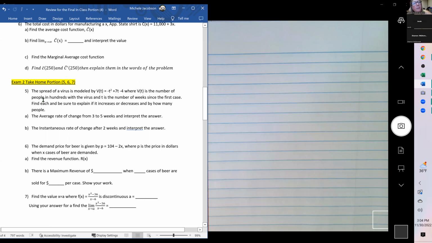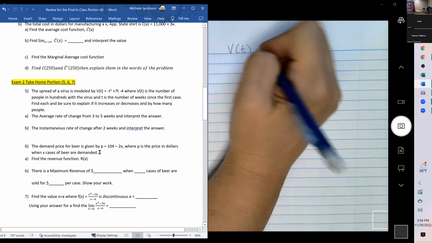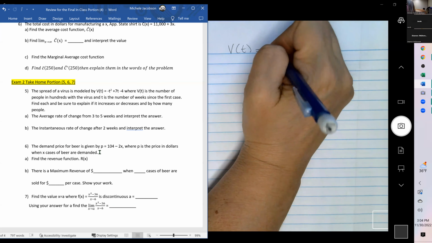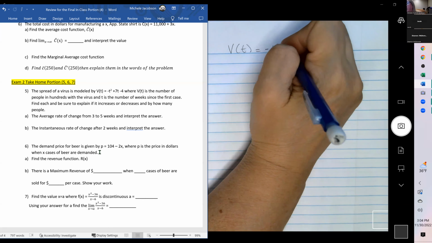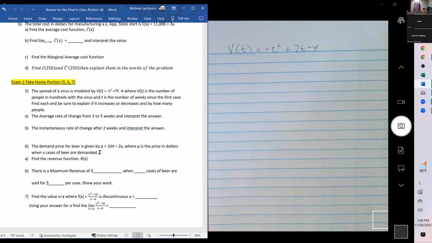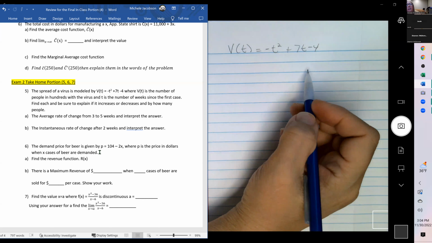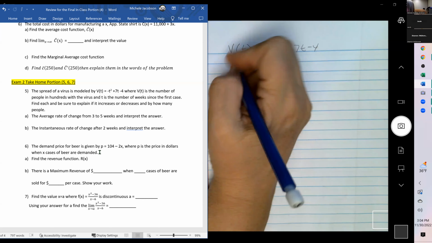But number 5, the spread of a virus is modeled by V of t equals negative t squared plus 7t minus 4. Find the average rate of change from 3 to 5.